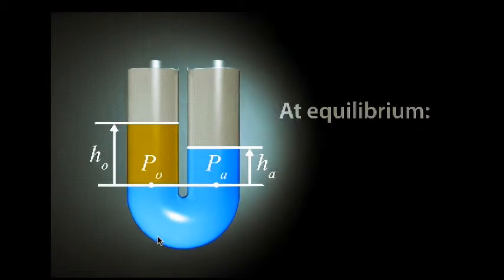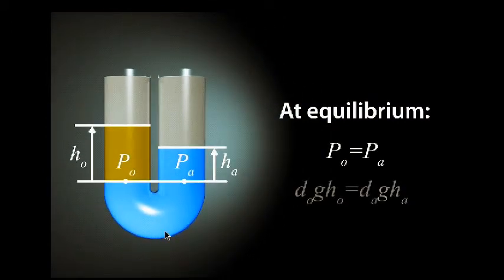And then, at equilibrium, we have the pressures, and we can equate the pressures. Density of oil times gravity times height of oil equals density of água times gravity times height of água. And we can actually calculate the difference.